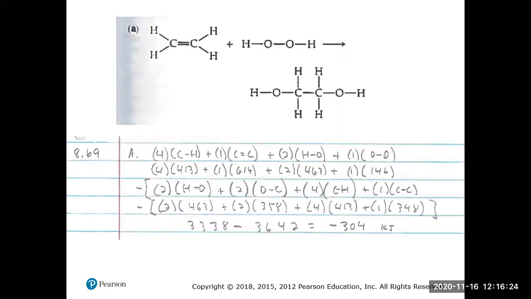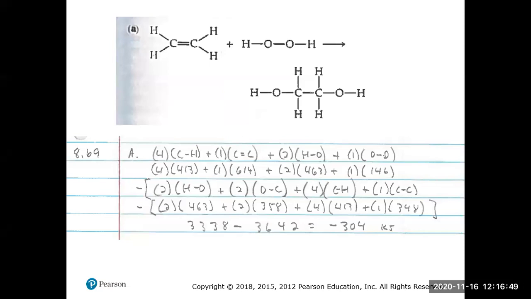There is a way to do some delta H calculations based on the bond energies. And so I'm just going to briefly go over that. So you would use those numbers that are in a bond energy table. But basically what you're doing is you're looking at the molecule. And in this example, the molecule is drawn out so you can see how the bonding is.